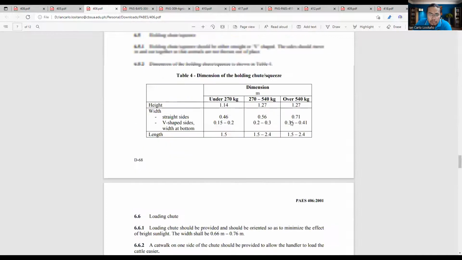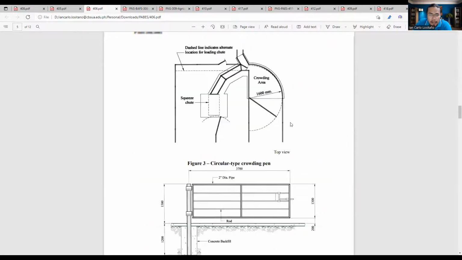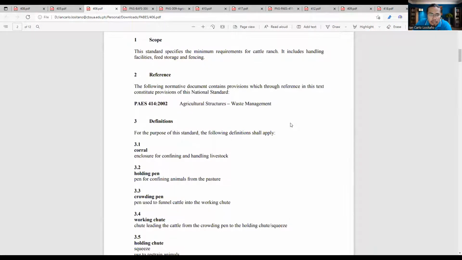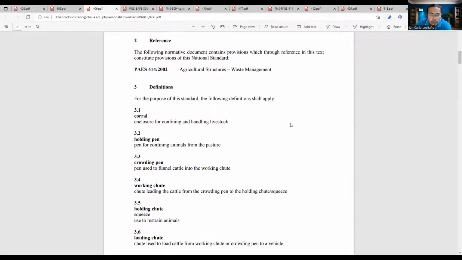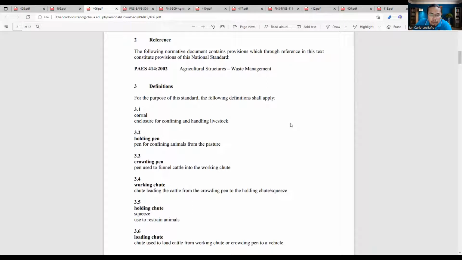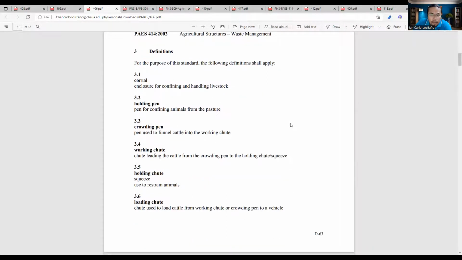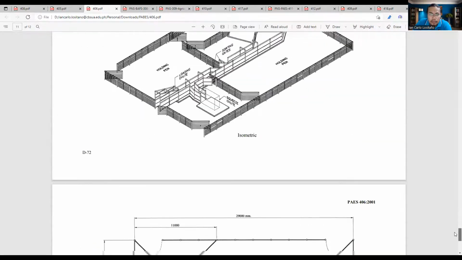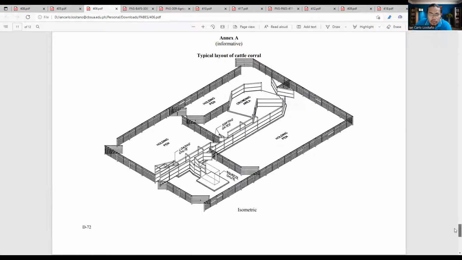Now let's go to the different structures of this ranch. So sorry, maybe a confusion with what I said, right?